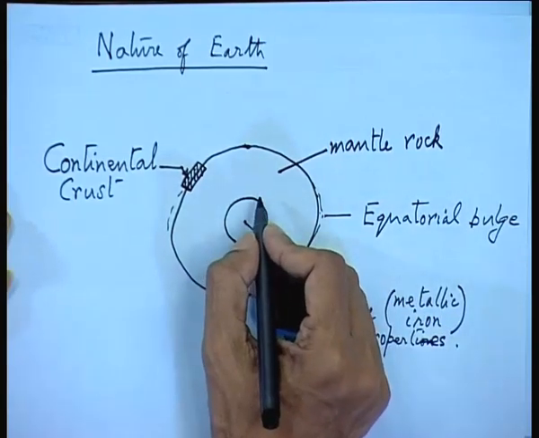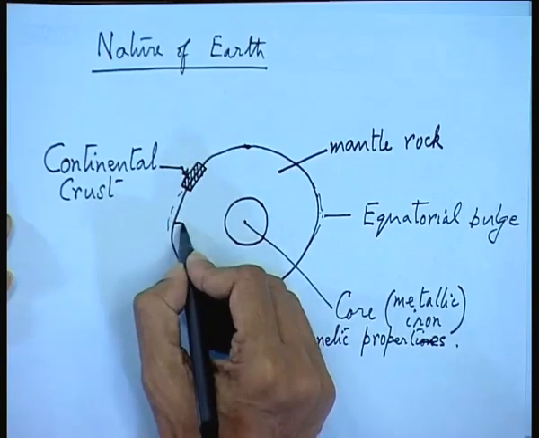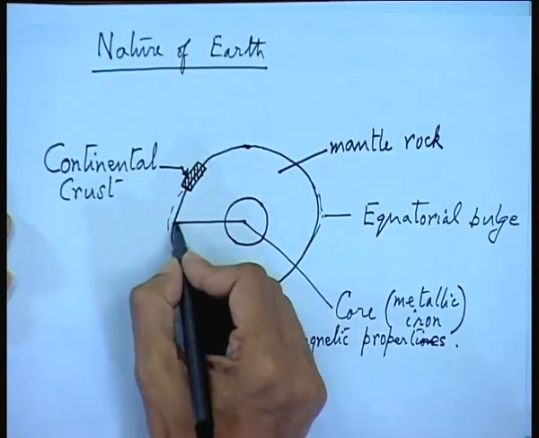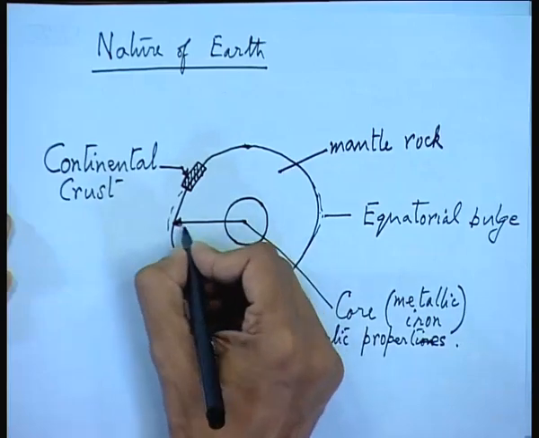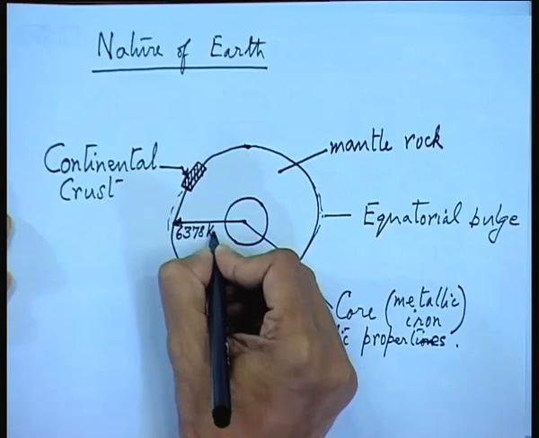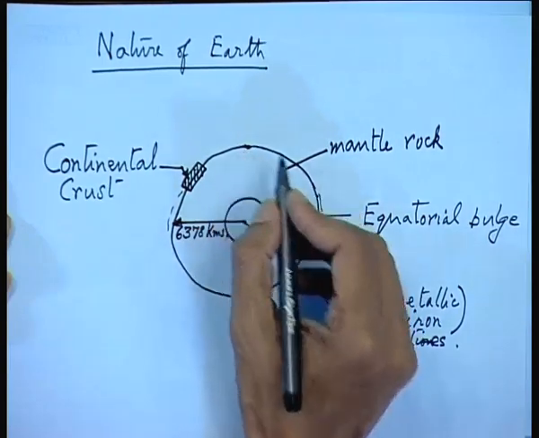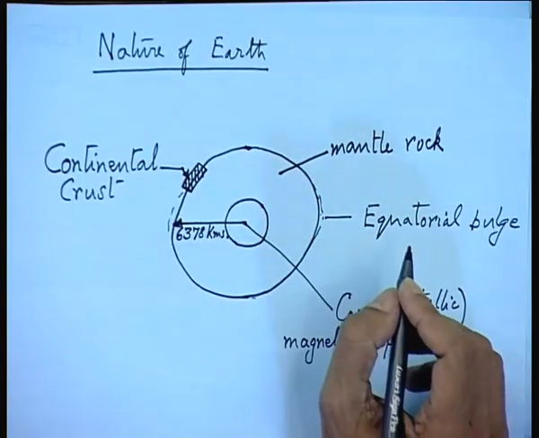If one wants to know the radius, the equatorial radius is 6378 kilometers. So, this is near the equator, and I told you that there is an equatorial bulge.